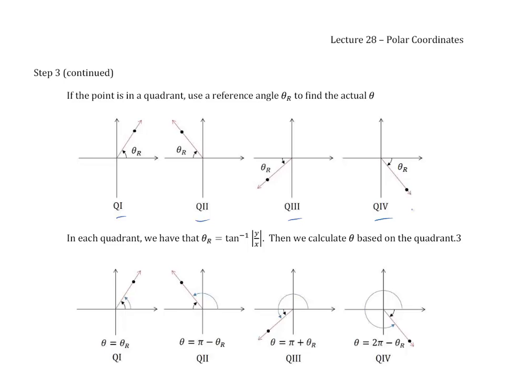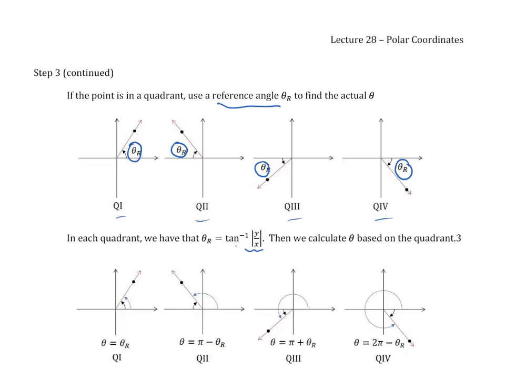To figure out this angle that I have called theta sub r, which I'm going to call my reference angle, all you have to know is the fact that tangent of that theta is always going to be y over x. And in fact, it's the absolute value of y over x, which is why we're always finding an acute, or less than 90 degree, angle.